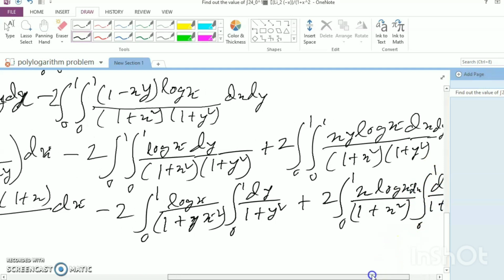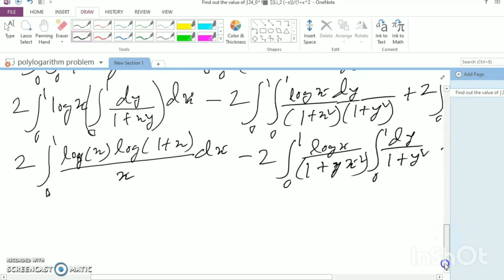So friends, very simple iterative method. Please check my videos where I have already found these values. So this value is, I can write, 3 by 4 minus 3 by 4 zeta 3.